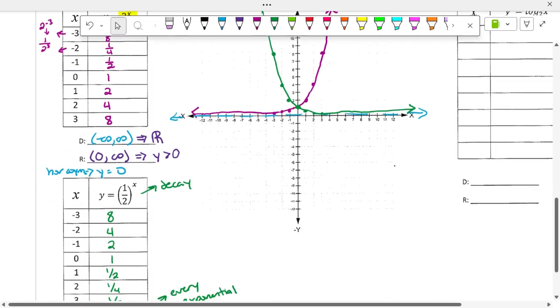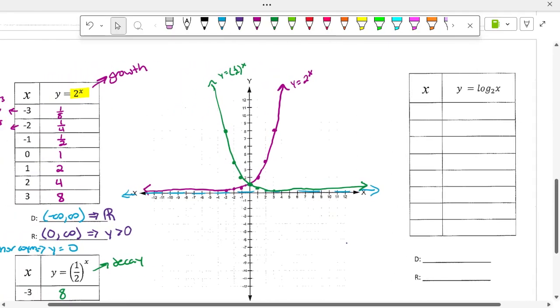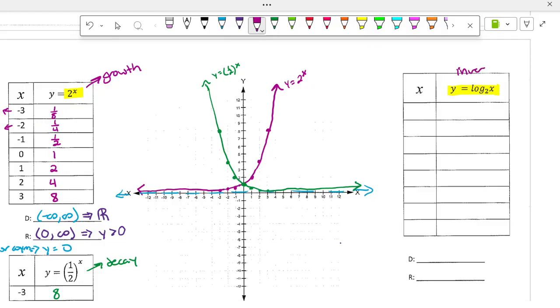So if I go on the inside, I can tell you right now that this logarithm that they want us to graph, y equals log 2 of x, is the inverse of 2 to the x power, which we have graphed over on the other side. So what would I have to do for the table? It's very easy. Just flip the x and the y values.